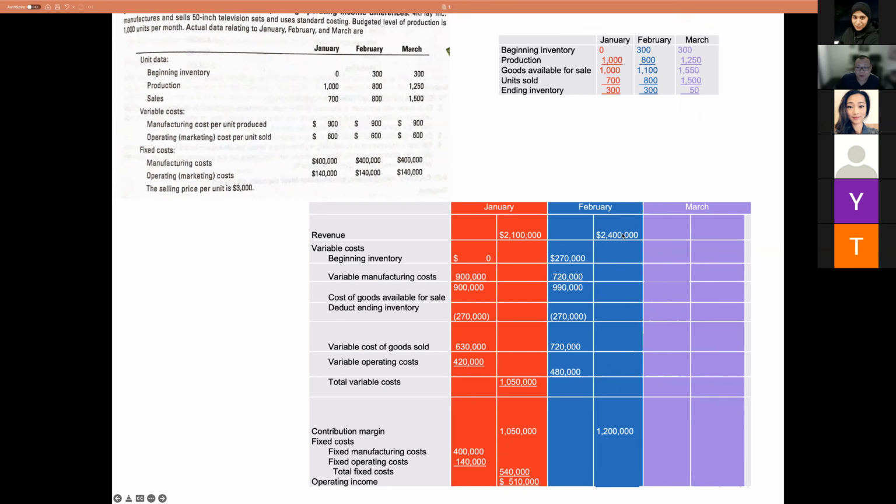And 2.4 minus 1.2, so my contribution margin is 1.2 million. What is the fixed cost? It's exactly the same because they are fixed costs. So 1.2 million minus 540,000 is 660,000. Are you okay with my February?